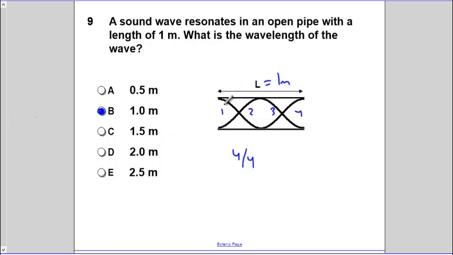How many antinodes are there? 1, 2. Wavelength is 2L divided by N, and N is 2 in this case. So wavelength is 1 meter, the length. 2 over 2 cancels. Lambda equals L, 1 meter.